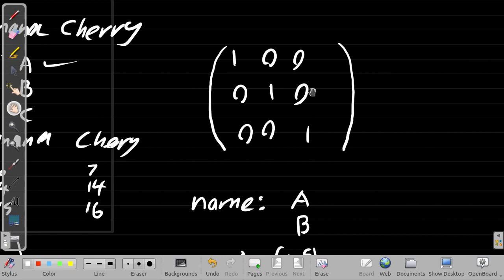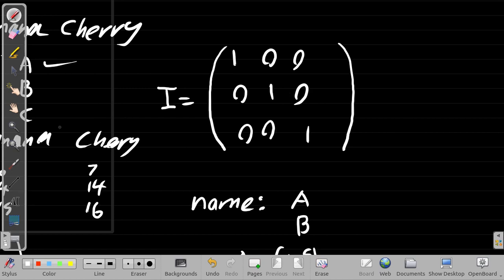Proper noun and common noun. Remember your English. But anyway, the identity matrix now. You see this one? You reserve the letter I for this. So once it's an identity matrix, you call it I. Alright?